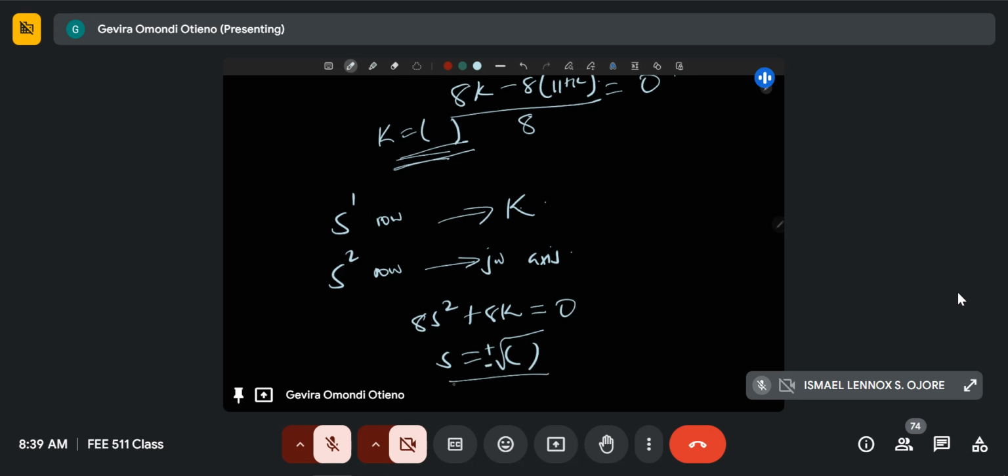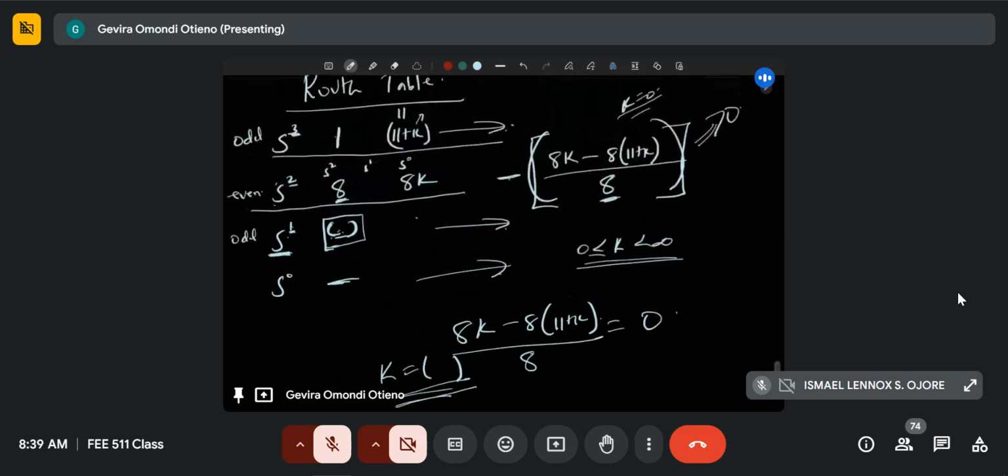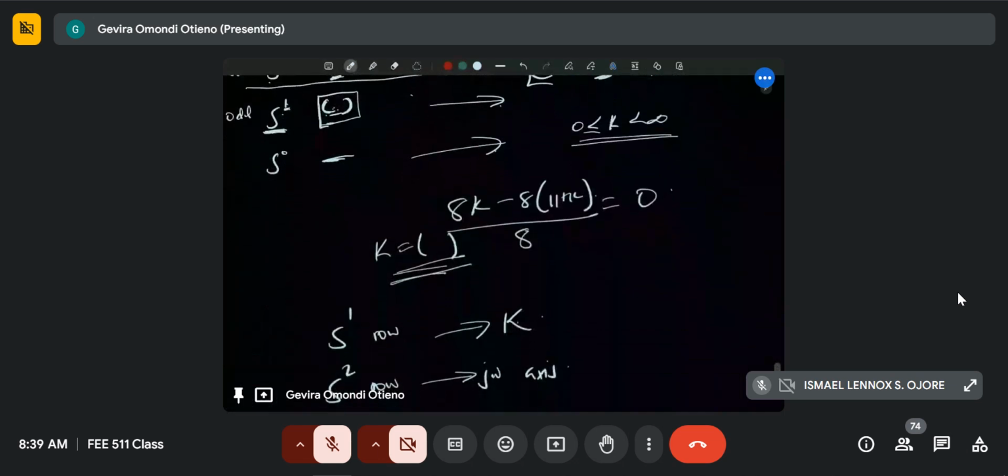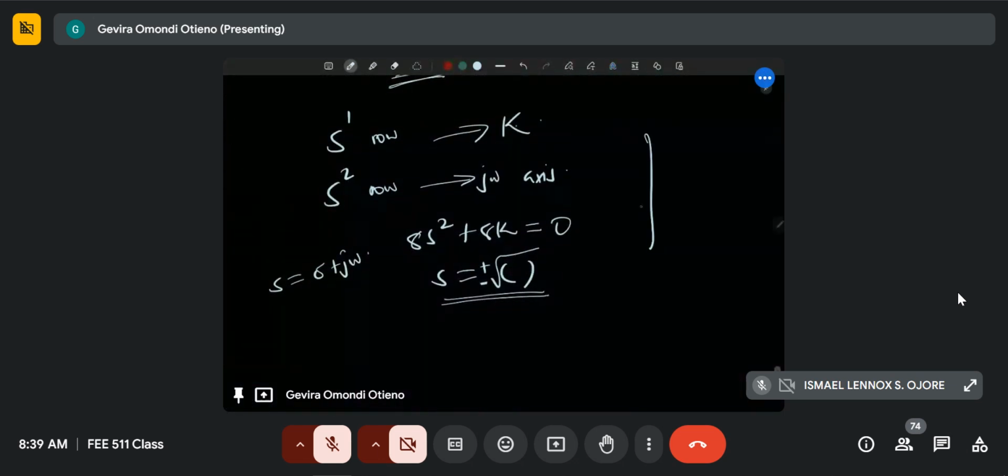So this square root is your j omega axis crossing. Because remember, s is equal to sigma plus j omega. But the j omega axis crossing is on the imaginary axis, and it is happening at the point on the imaginary axis where sigma is 0. Okay?